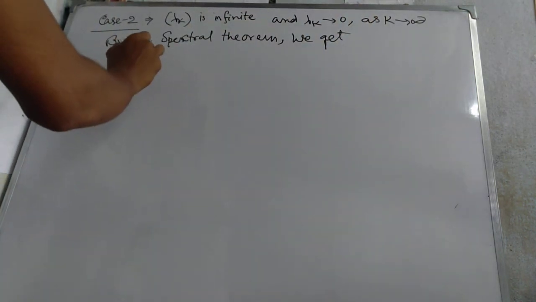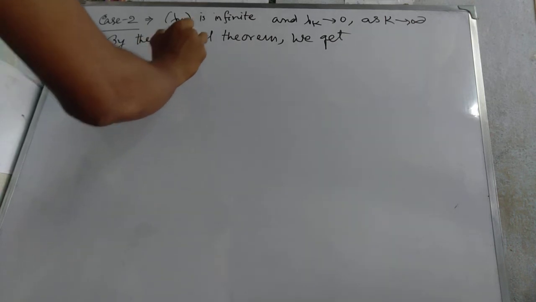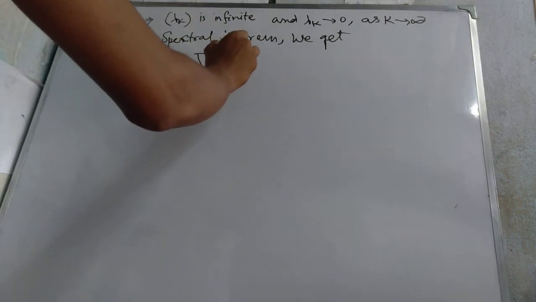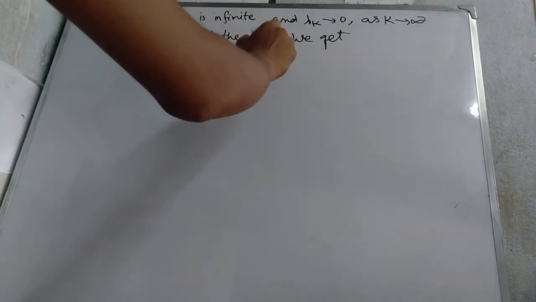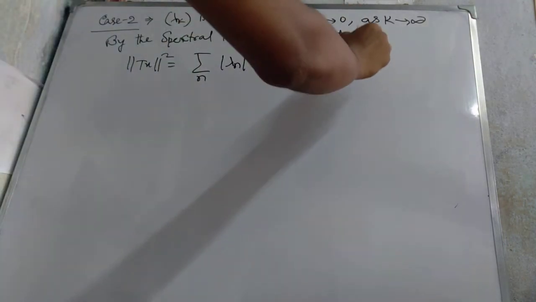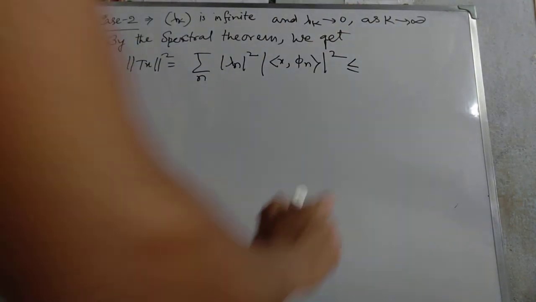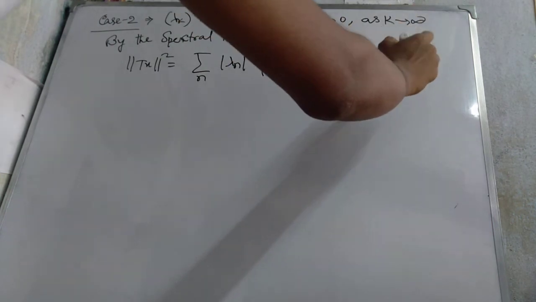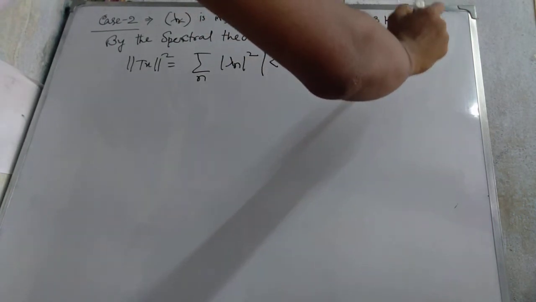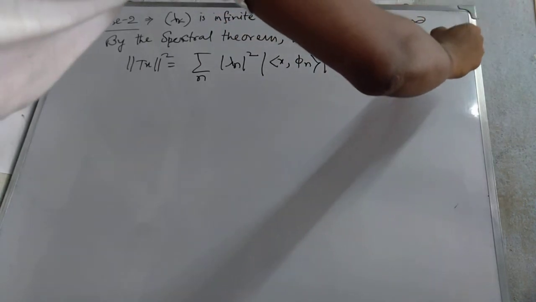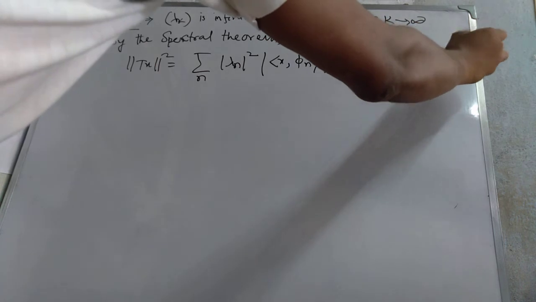norm of Tx squared equals the summation over n of lambda n squared times mod of inner product of x with phi n, norm squared, which is less than or equal to the maximum over k greater than or equal to n of lambda k, times norm of x squared.